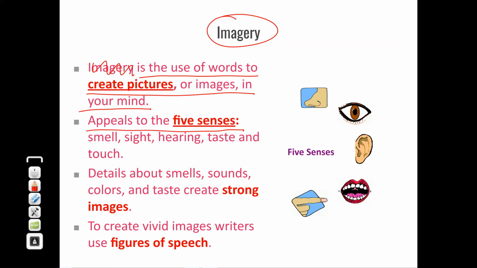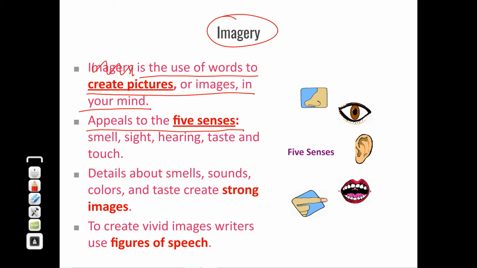You know, how something smelled. Was it a nasty smell? Was it a very pretty smell, like perfume? Hearing, was it loud? Did it taste bad? Did it taste good? Was it too salty? All of those describing words or phrases create imagery, and imagery is best written when you use the senses.